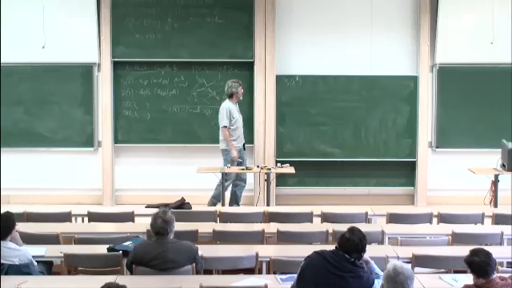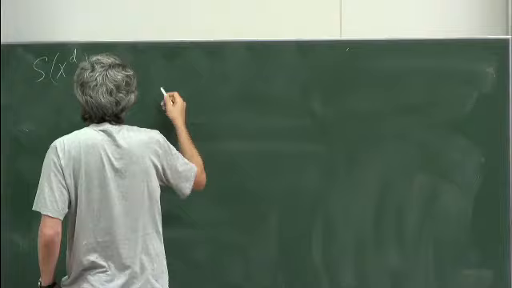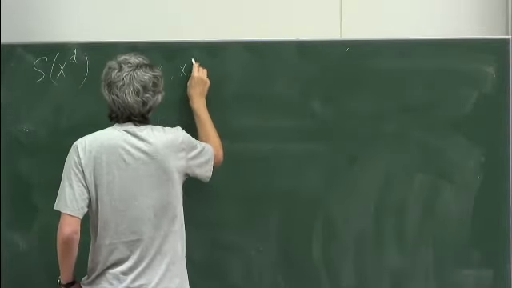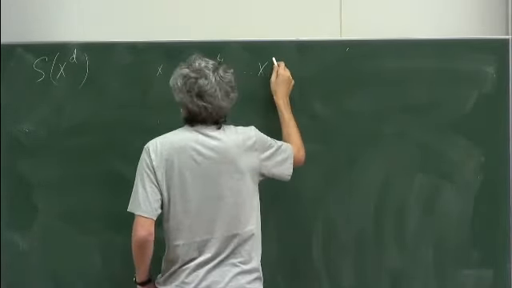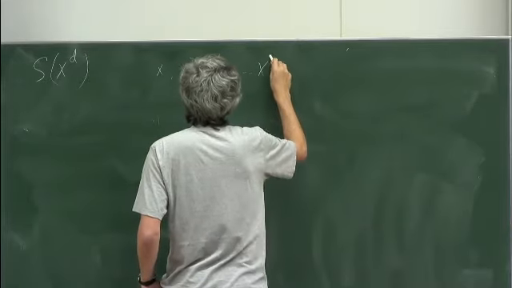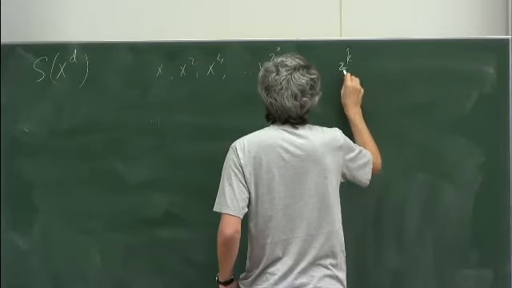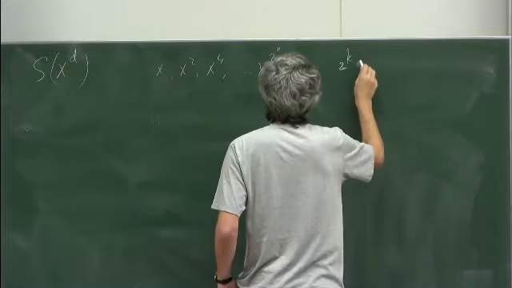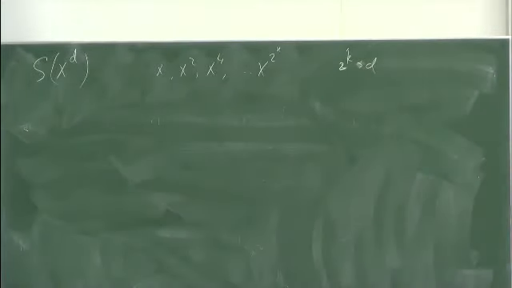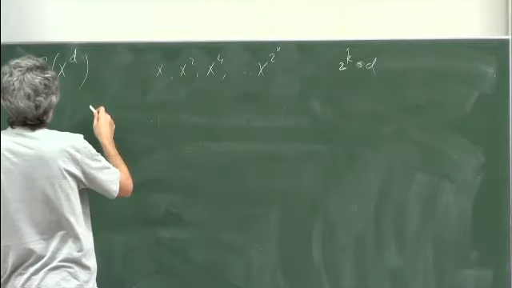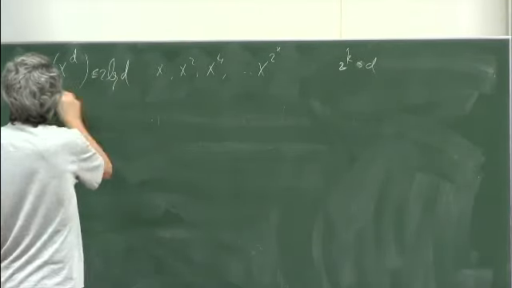It's about log d, because you can compute x squared, x to the fourth, and so on, up to 2 to the k, the first power of 2 which is bigger than d, and then multiply the appropriate subset to get the d you want. So this is at most 2 log d. That's good. So this we understand.